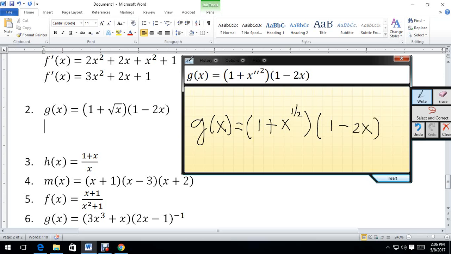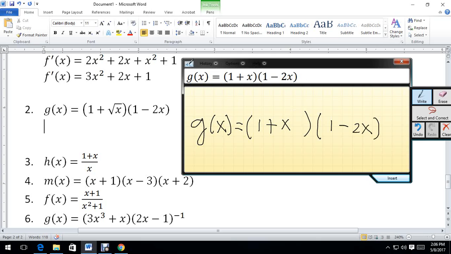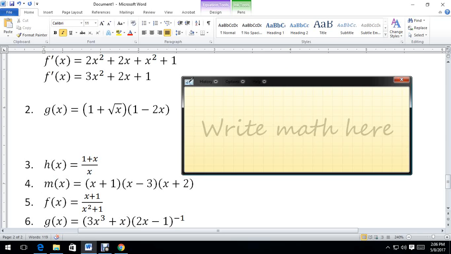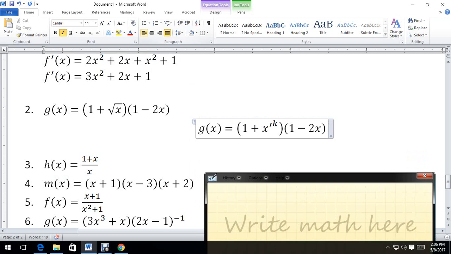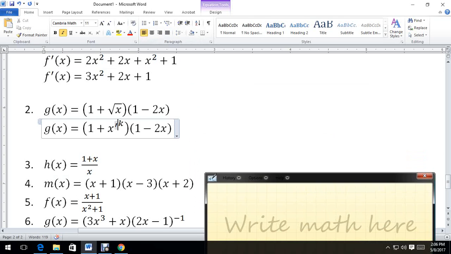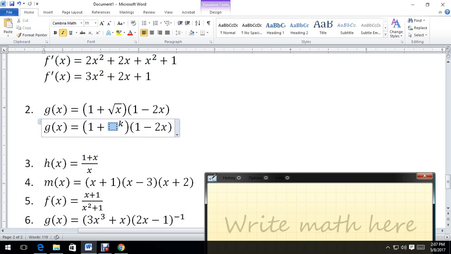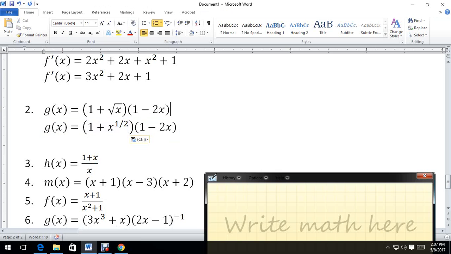Okay, so again x is raised to 1/2. Perhaps we just clear this out. This becomes raised to 1/2. Alright.